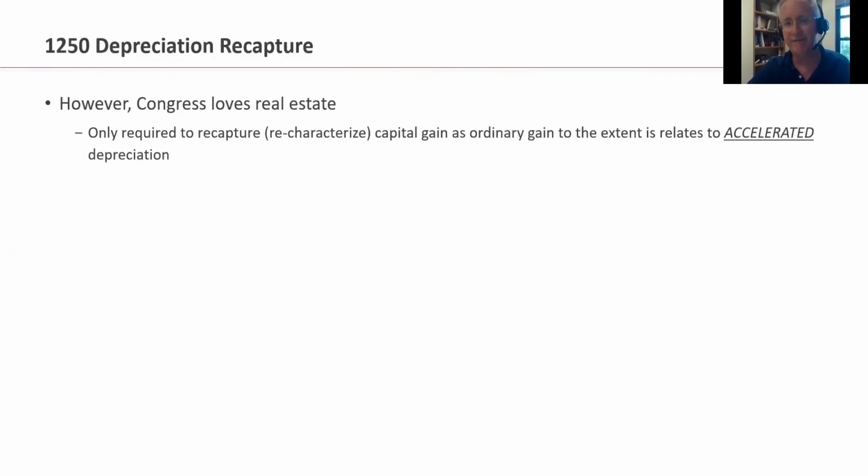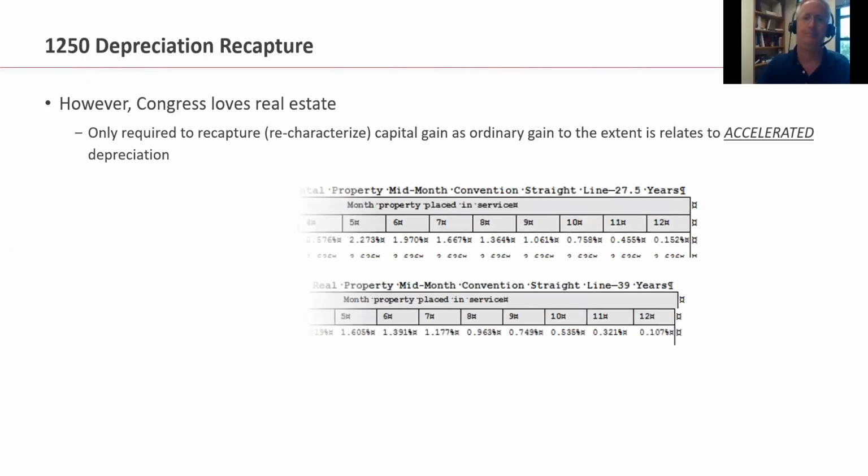So 1250 recapture says, we're only going to make you recapture, which means recharacterize capital gain, 1231 gain, as ordinary gain to the extent it relates to accelerated depreciation. So not all depreciation, simply accelerated depreciation. That's the part we're going to focus on.